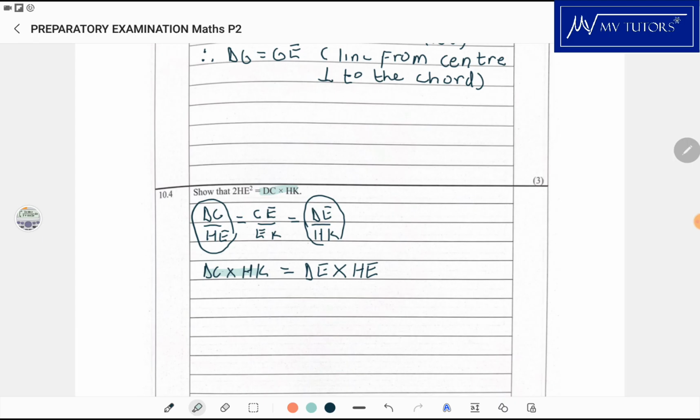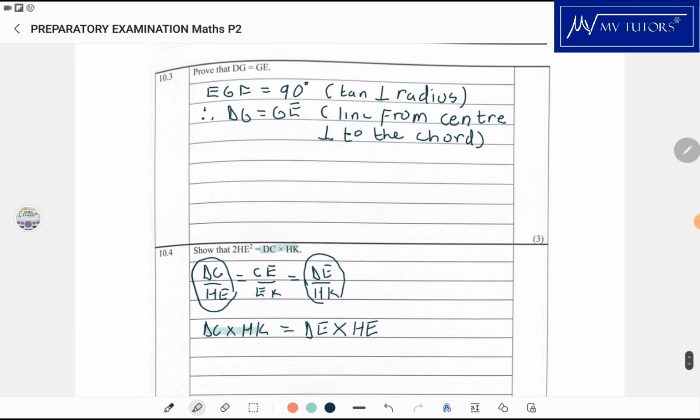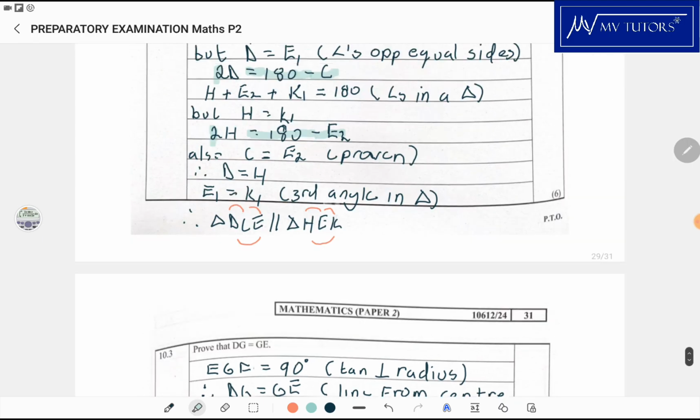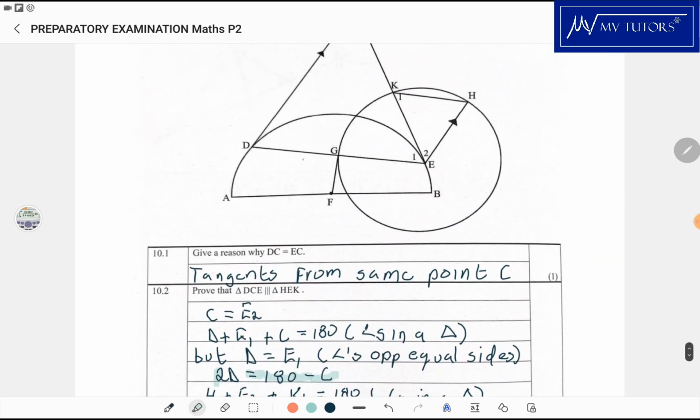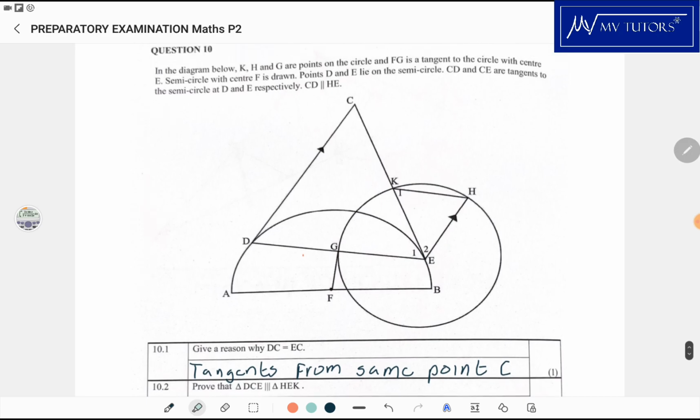What is the relationship between DE and HE? I need a relationship between these two.